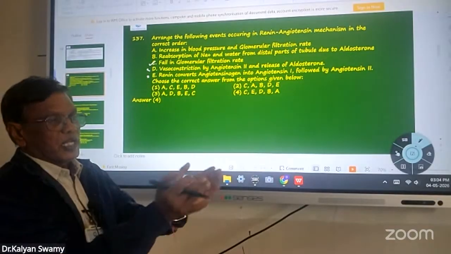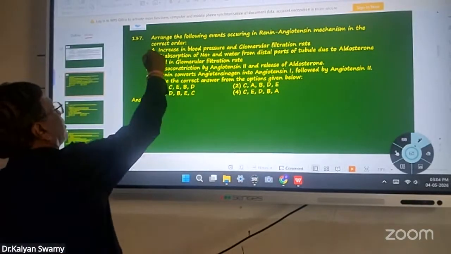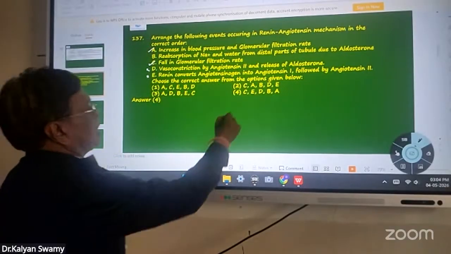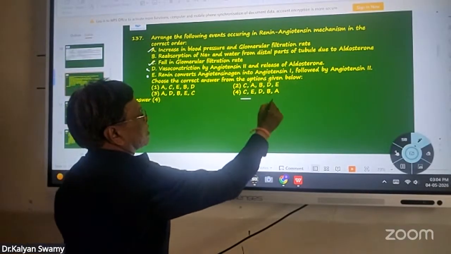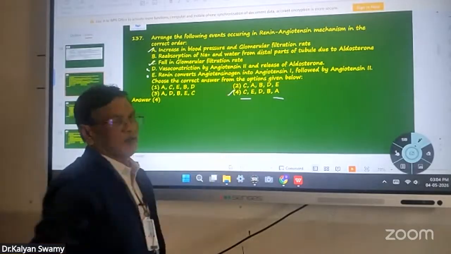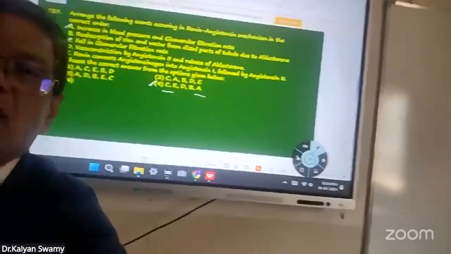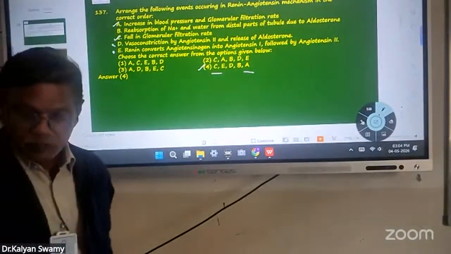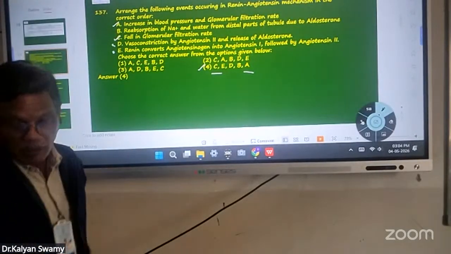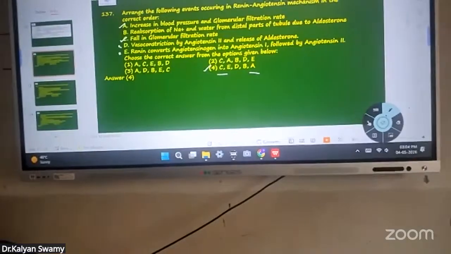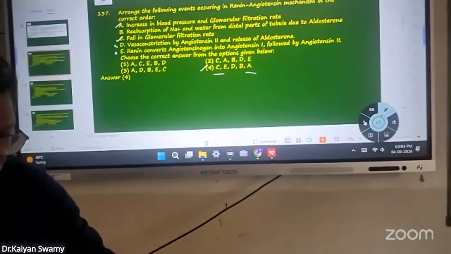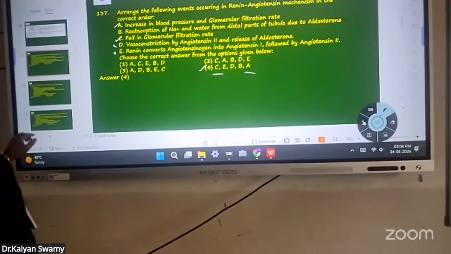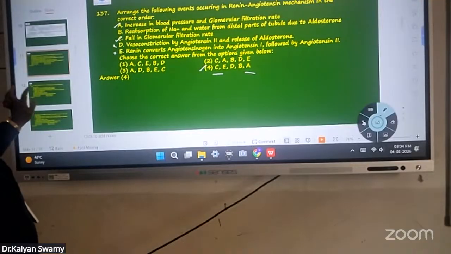Thereby blood becomes again dilute and that is the final. C is to be first, A should be last. This is the final one we can use. Like in this way, we can save the time, which is very familiar to us.